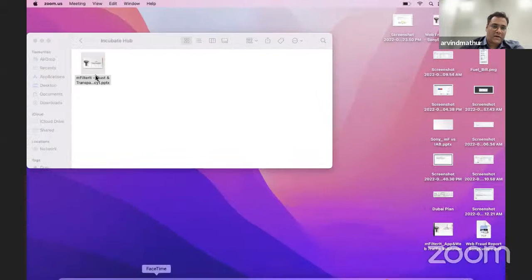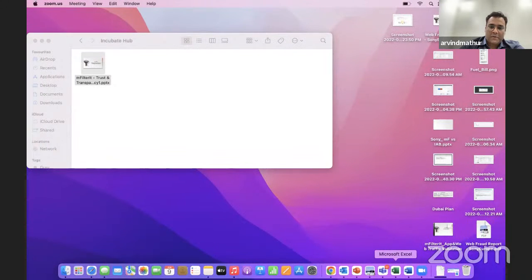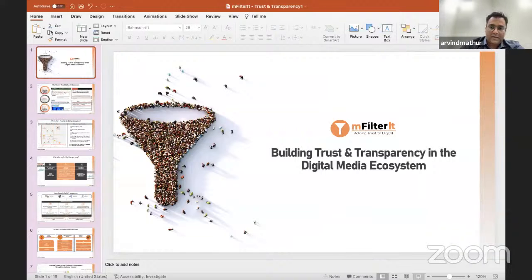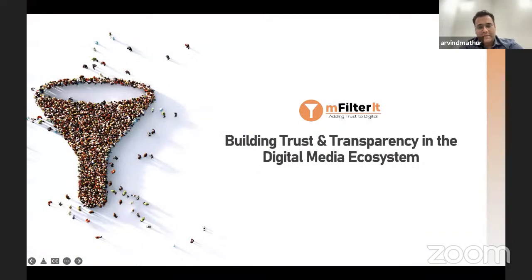Digital has really transformed a lot of consumer and user journeys. Just for benefit, I will share a quick deck as well for reference, and I'll try and keep it interactive. Feel free to ask questions along the way.